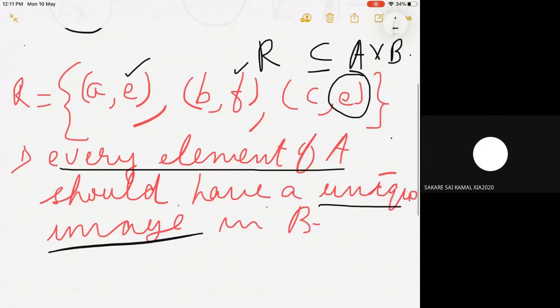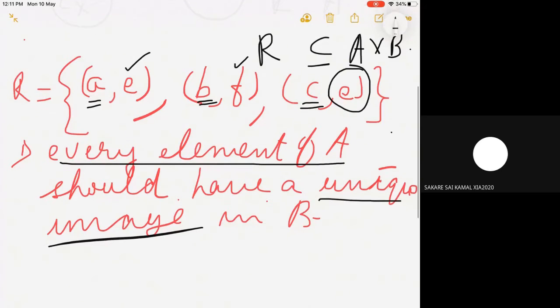The set of first elements of each ordered pair of the relation is known as the domain.